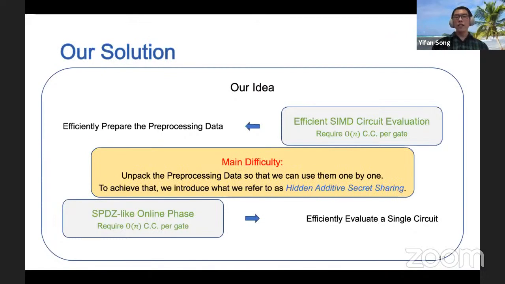The main difficulty is that the preprocessing data prepared by the protocol in CCXY18 should be used to evaluate a batch of gates each time. However, if we want to use a SPDZ-like online protocol, we need to unpack the preprocessing data so that they can be used gate by gate. To achieve that, we introduce what we refer to as hidden additive secret sharing. Due to the time limits, I will just give a high-level overview of our approach.